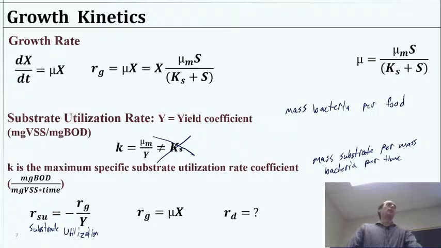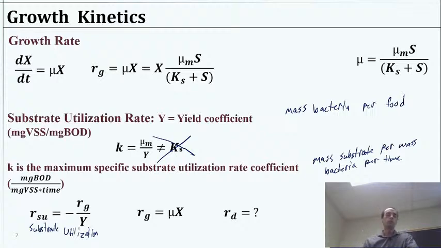And we can relate that inversely, or negatively, to the growth rate. If we're growing fast, then we are using substrate fast. But substrate goes in the opposite direction: we're consuming it, whereas we're producing the microbes. So our RSU is going to be equal to negative RG divided by the yield coefficient.